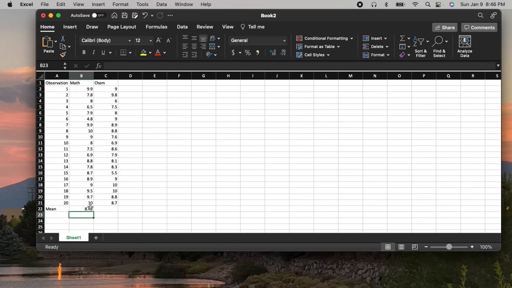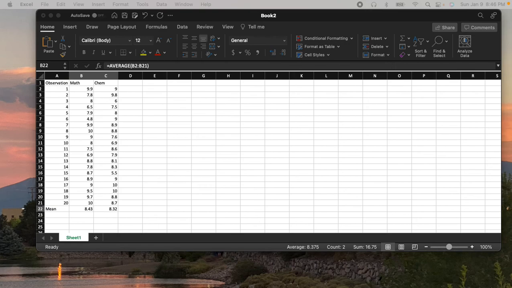Okay, and so the mean for those 20 students on their math test was 8.43, and the mean for the students on chemistry is 8.32. So both of the means are somewhat similar. Now, this is just random data that I made up, so we don't know. We'll find out if there is a correlation, right?